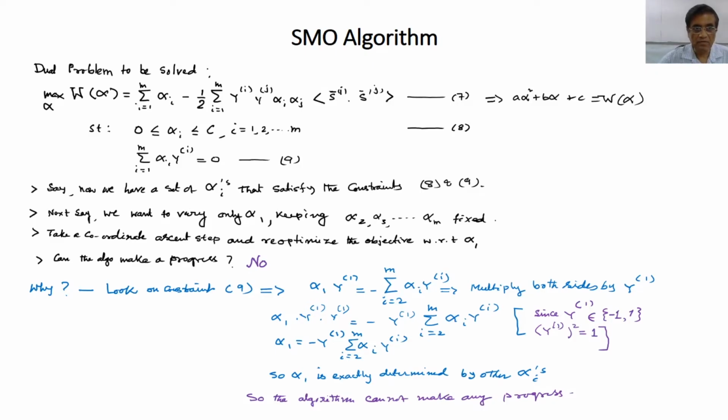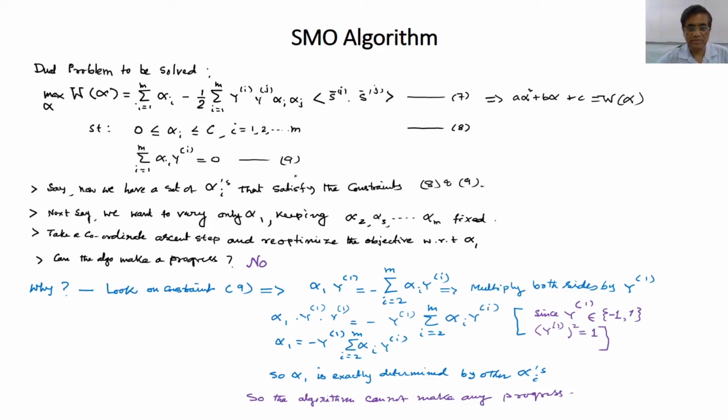Say we now have a set of alpha i's that satisfy conditions 8 and 9, and now say that we want to vary only alpha 1, keeping everything else fixed.